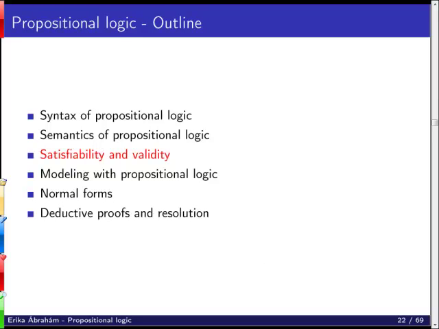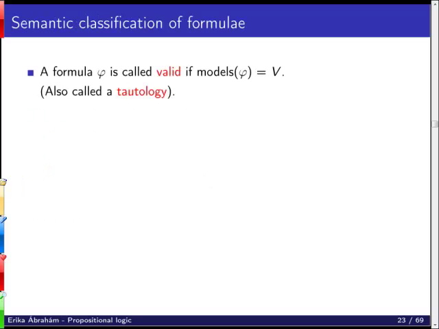Then the last thing we must define is satisfiability and validity, because finally this is the question that we pose in this lecture. So what does it mean that the formula is valid? A formula is called valid if each assignment is a model of it.